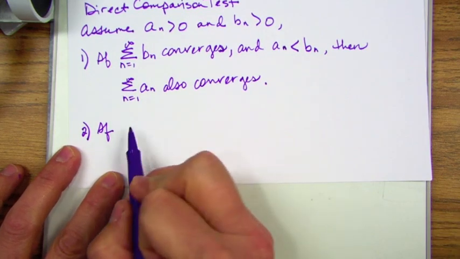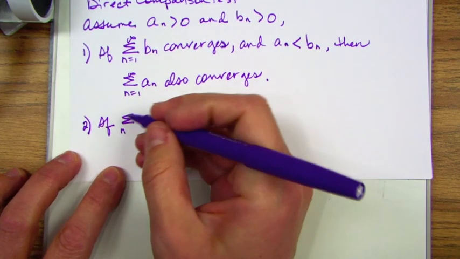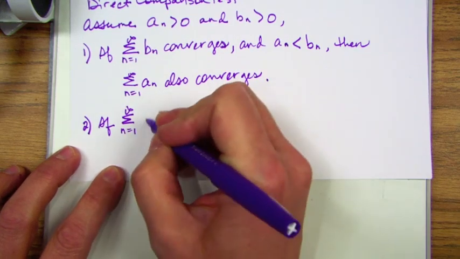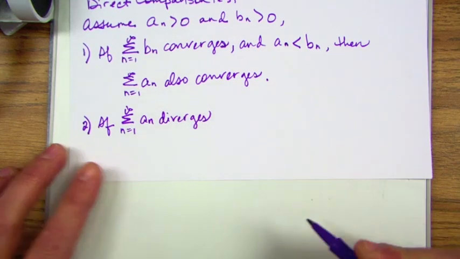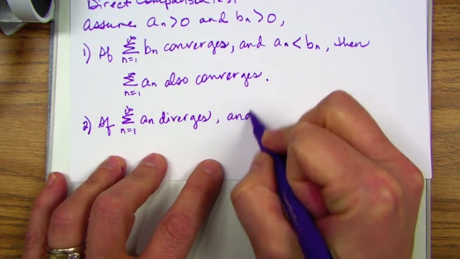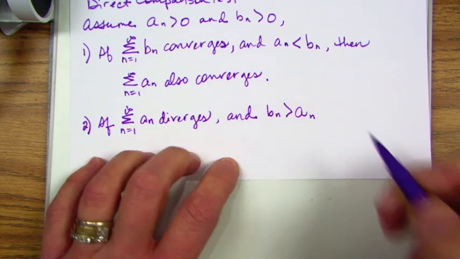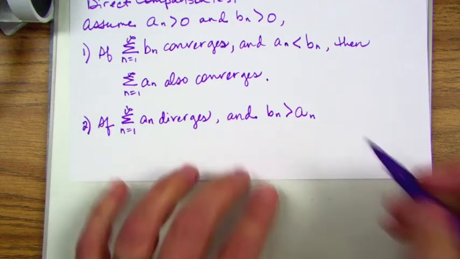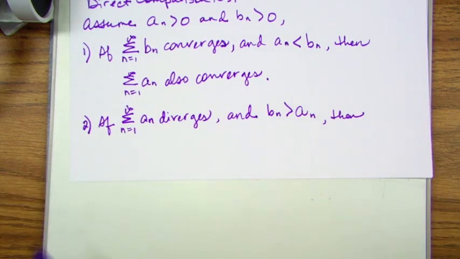Oh, Brianna, I'm sorry. Okay, so here's the second thing we can say. If the series from n equals 1 to infinity of A sub n diverges, and B sub n is greater than A sub n, then what can I say?